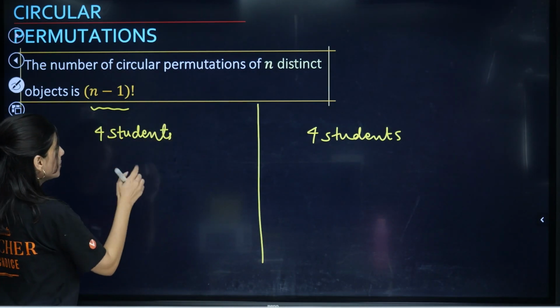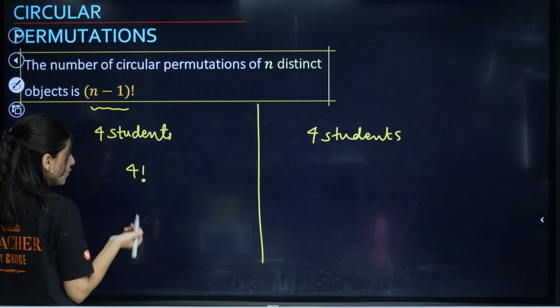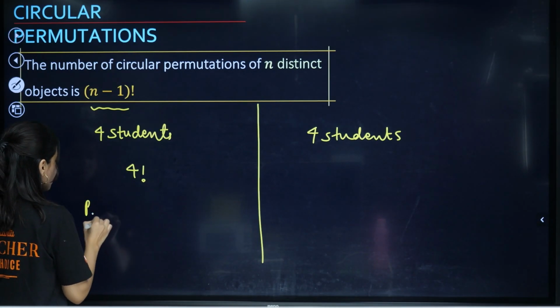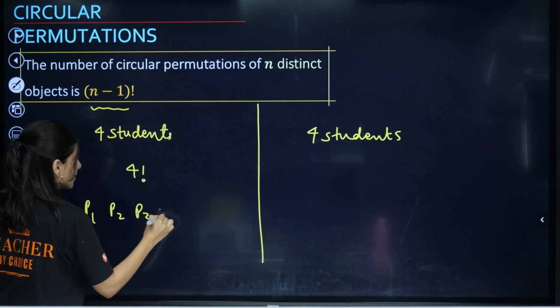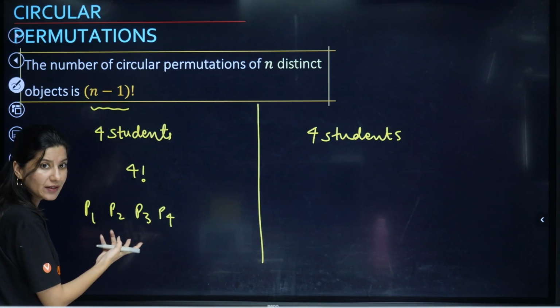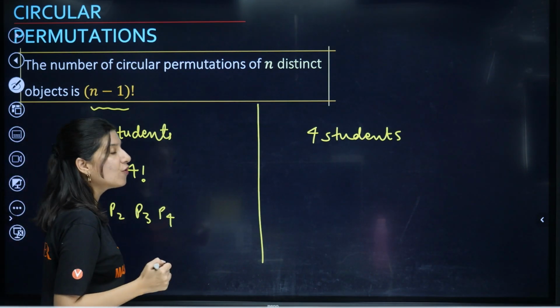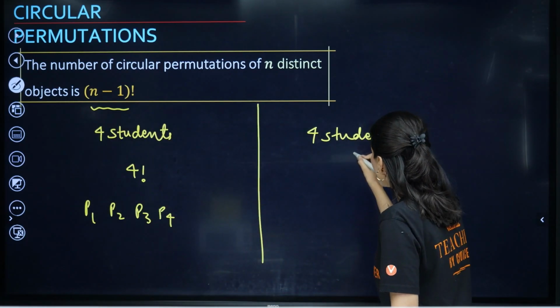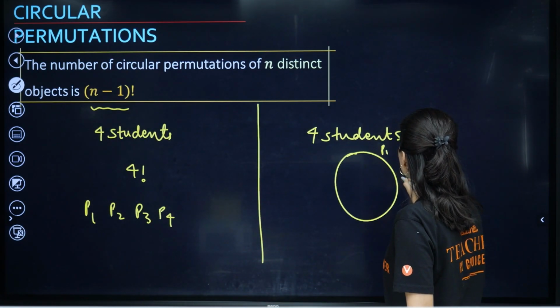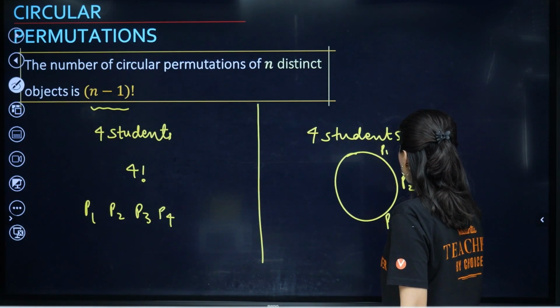The permutation of 4 students, as all know, is 4 factorial, right? Person 1, person 2, person 3, person 4. The shuffling will happen, so that can be done in 4 factorial ways. But here in circular fashion, P1, P2, P3 and P4.